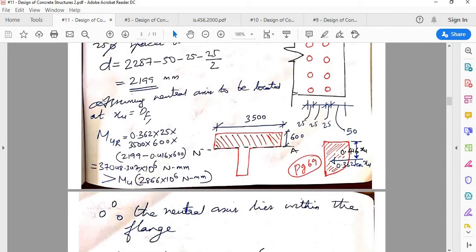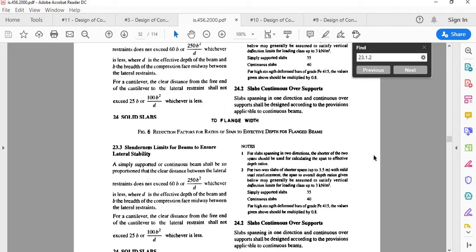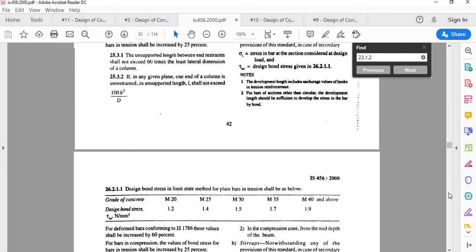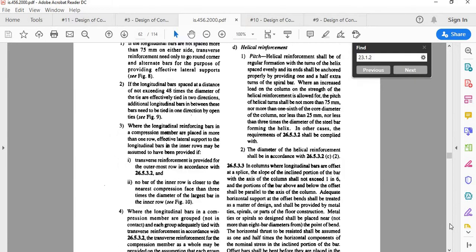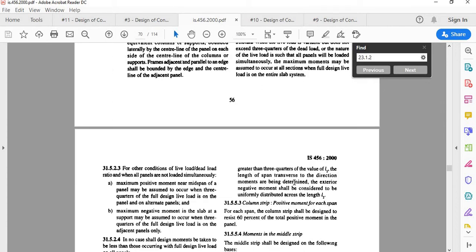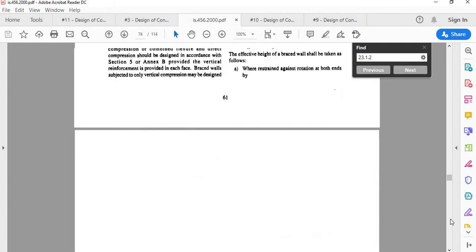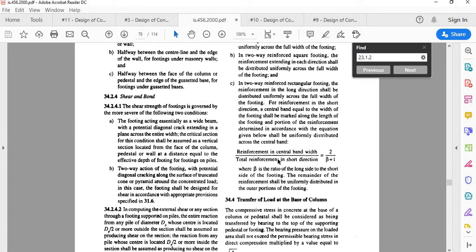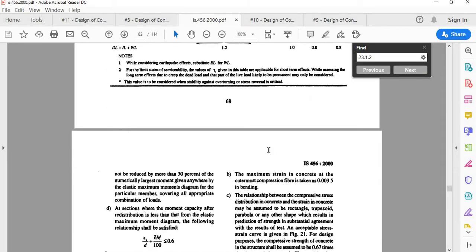Okay, so to verify the assumption, we will calculate moment of resistance. So moment of resistance, you know this formula, right? In IS 456, you might have either in this form or a different form, I'm sure you might have seen it in DCS 1. So it is page number 69, sorry.